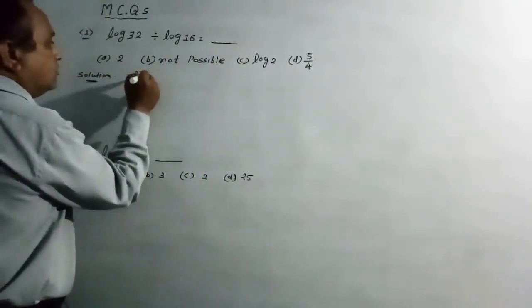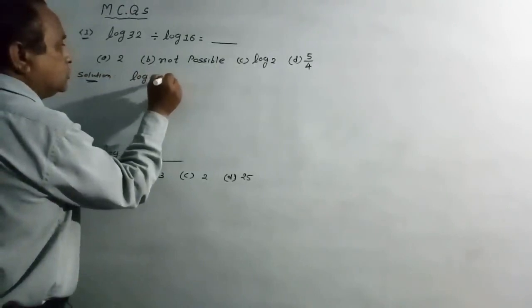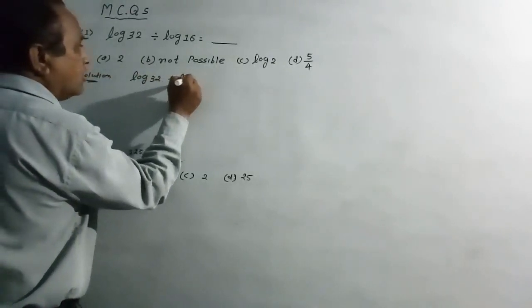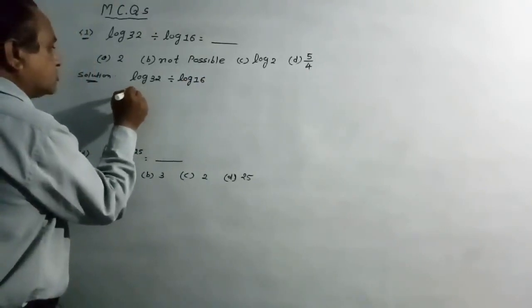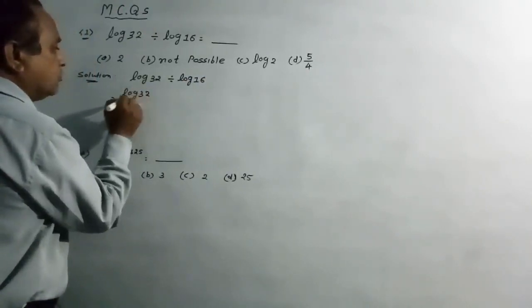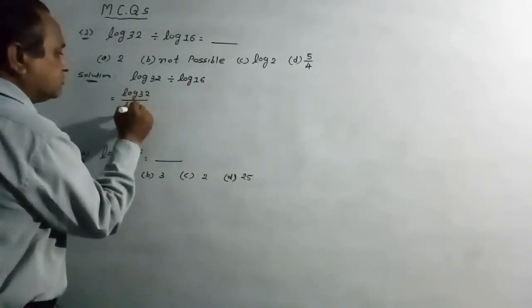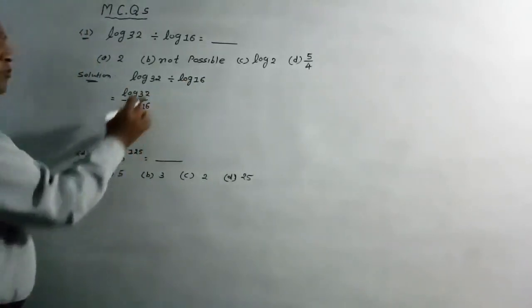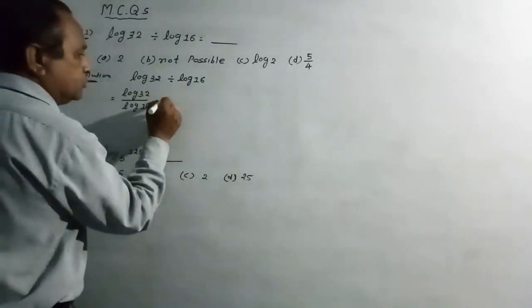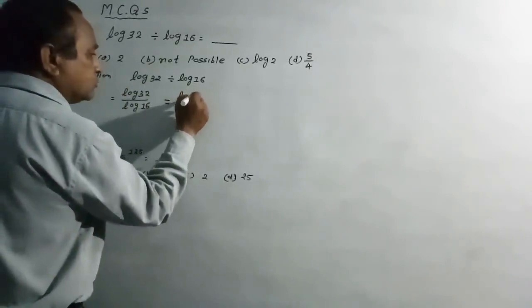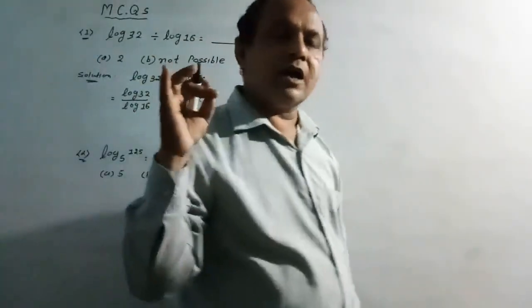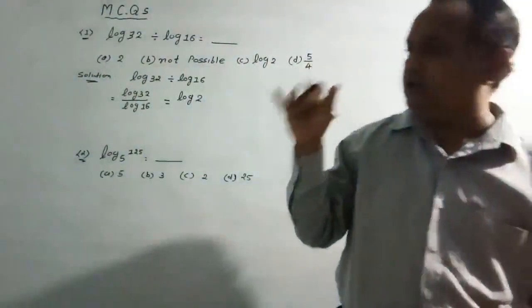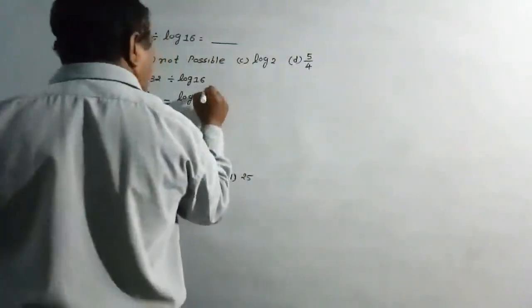Given log 32 divided by log 16. So here it is log 32 by log 16. Now the factors of 32: 2, 4, 8, 16, 32, so 32 is 2 raised to 5.